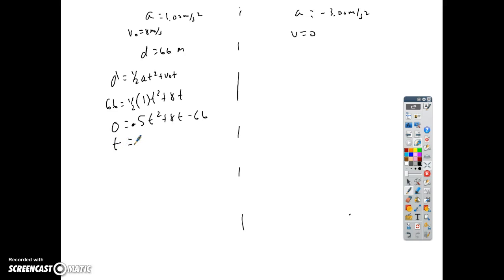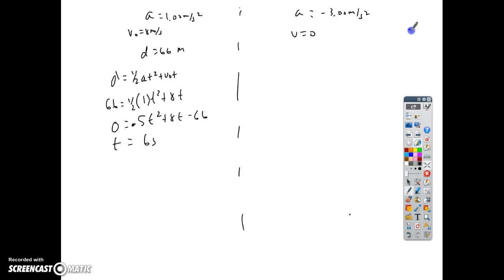I get the time it takes to do it. Polynomial, second degree, going fast. 0.5, 8, negative 66. Boom, boom. I get 6 seconds. So it takes 6 seconds there.